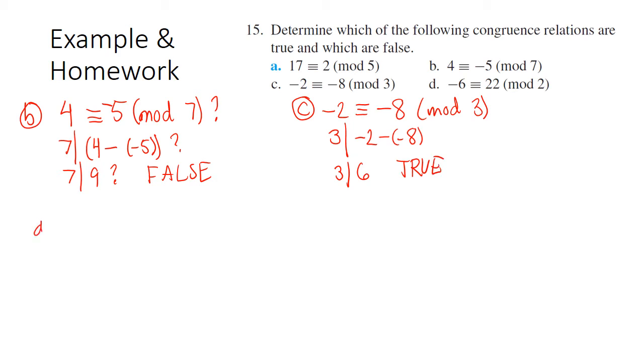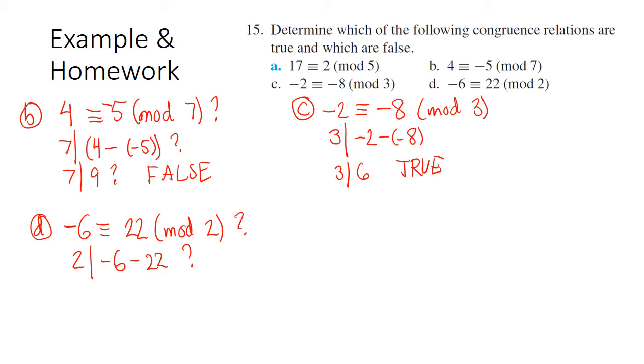And finally part D here. Is negative 6 congruent to 22 mod 2? What I want to know is does 2 divide negative 6 minus 22? I should have put question marks on all these since I wasn't sure if they were true.